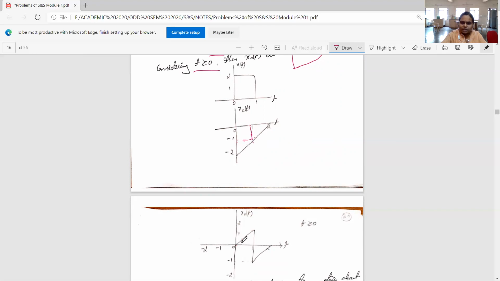Next, if I take the value of 1 by 2, what is the value I will get at 1 by 2? In between value I am checking here. Here it is 2, and here at 1 by 2, what is the value?